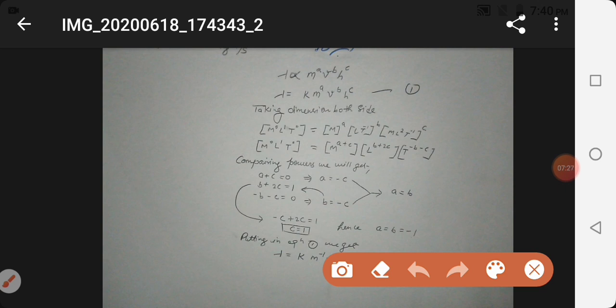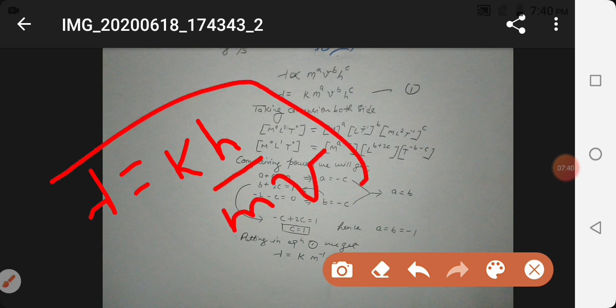So when you bring it to the denominator, we will have lambda is equal to k h power 1, means h upon mv. So this is the result that we have found by using dimensional formulae.